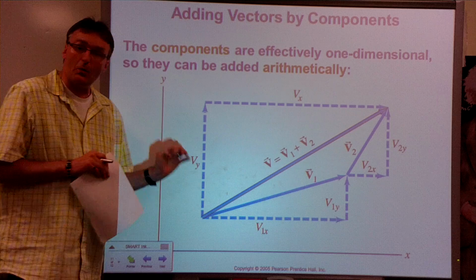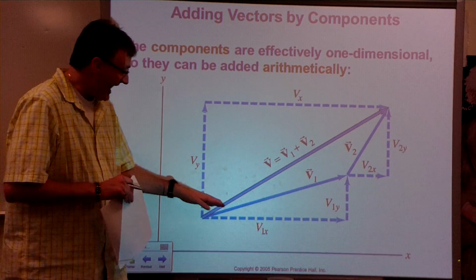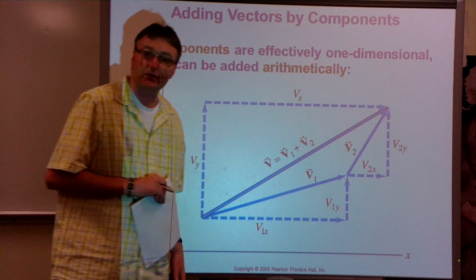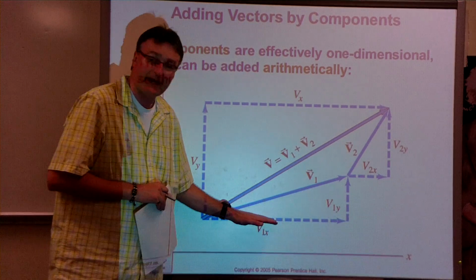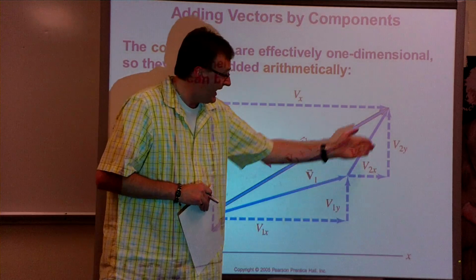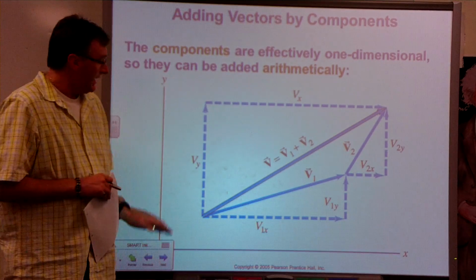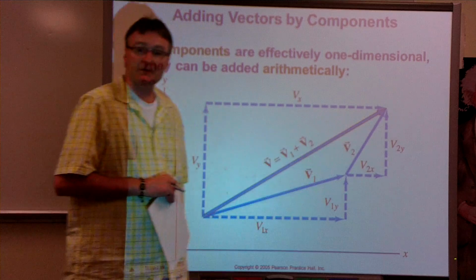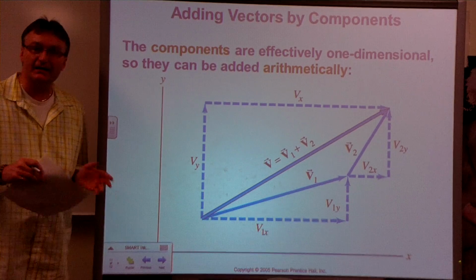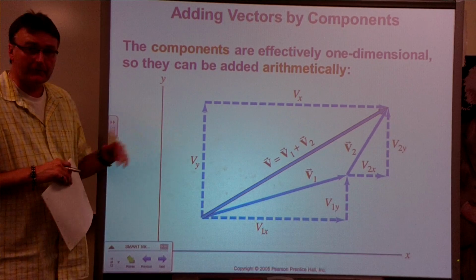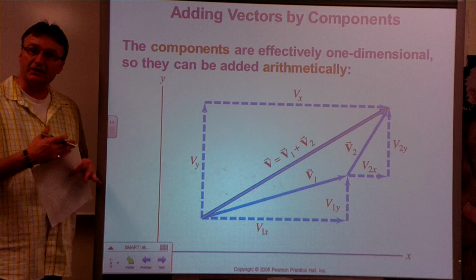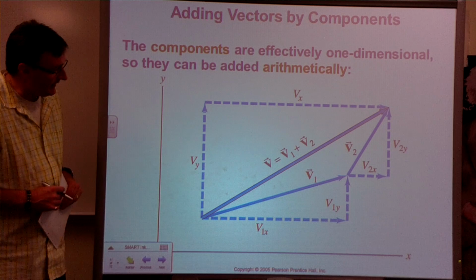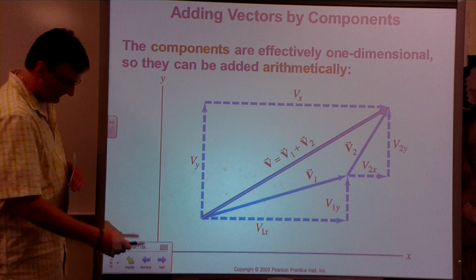Once you've done that, you can just add them together because they're in the same direction. We add the x components together, and we add the y components together, and that gives you your resultant. It's really not as messy as it might first appear. Once you start working with it, you'll get used to it. It's really not that complex.